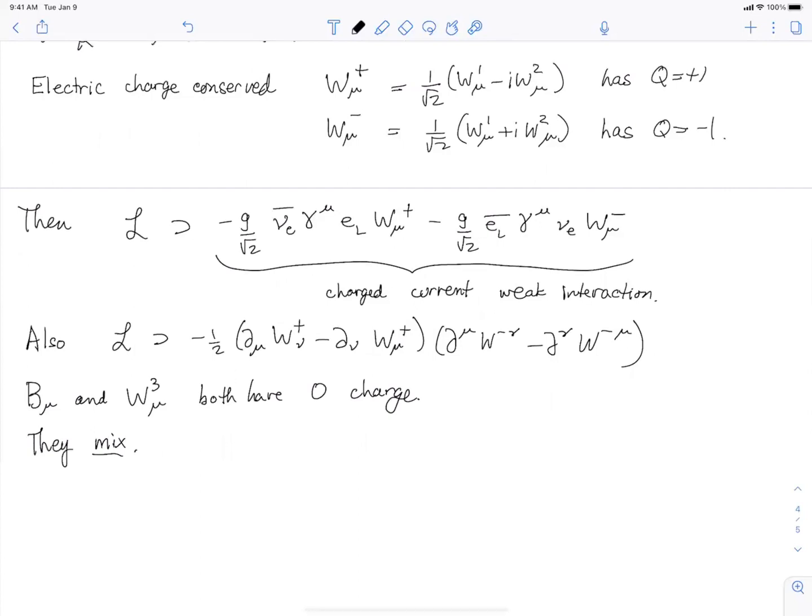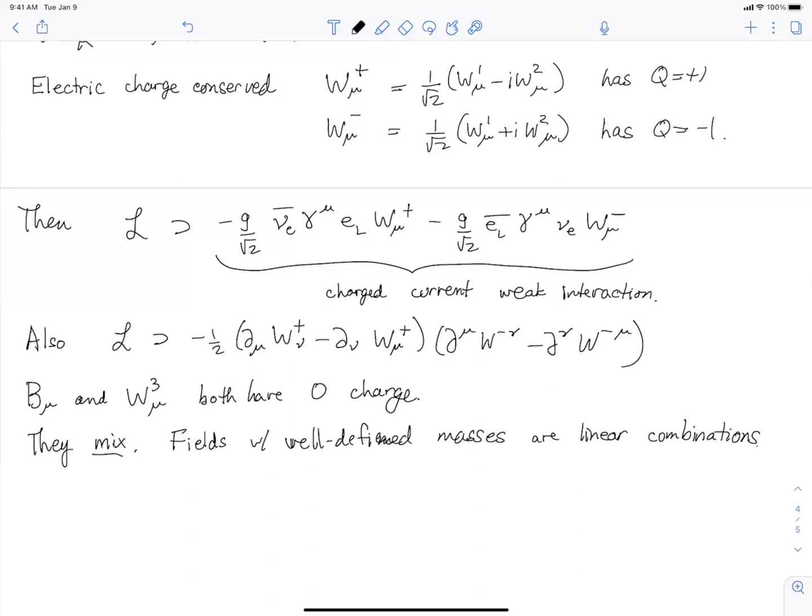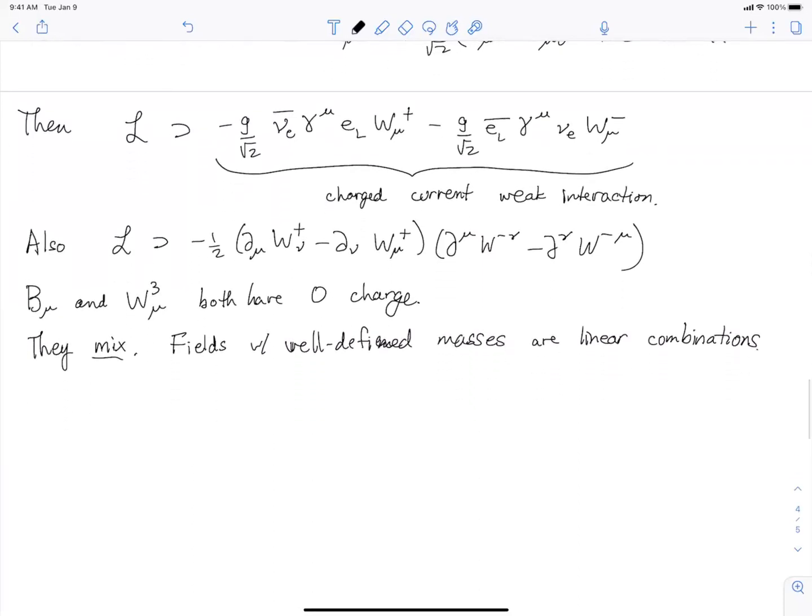So they mix, and that means that fields with well-defined masses, meaning mass eigenvalues, are linear combinations of B mu and W3 mu instead of being them themselves. Just on general principles, because it could happen, we might expect that it does happen. And it turns out it does.